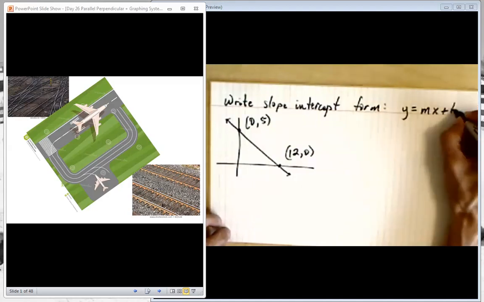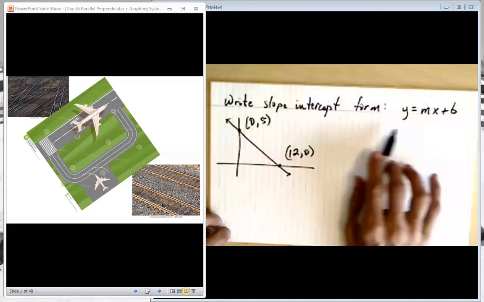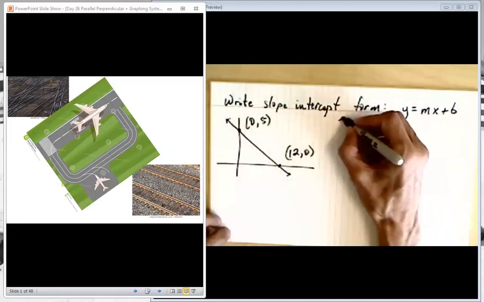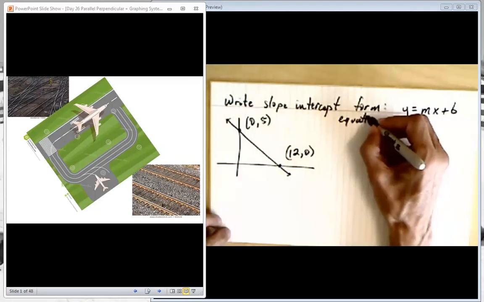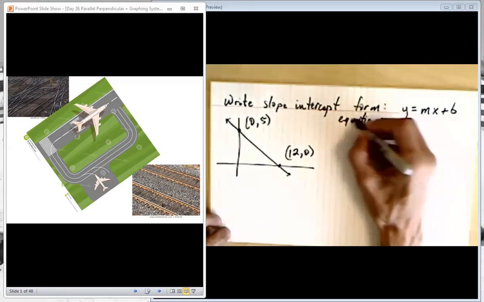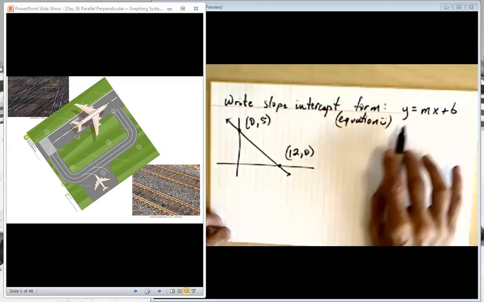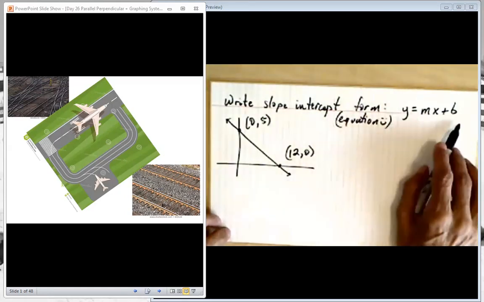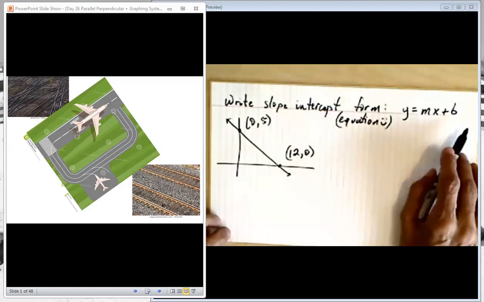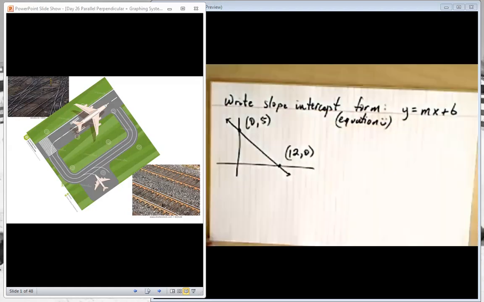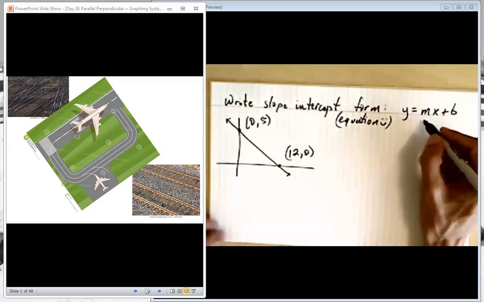So to successfully get the equation, we've got to figure out what m is and what b is. Which one do you want to do first? m? Sure. You can figure out what m is. How do we do that?